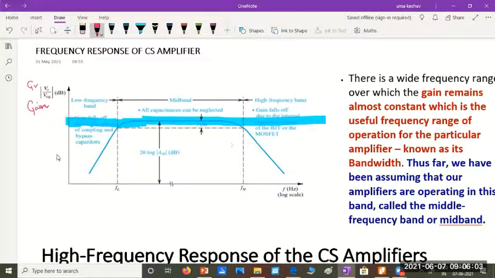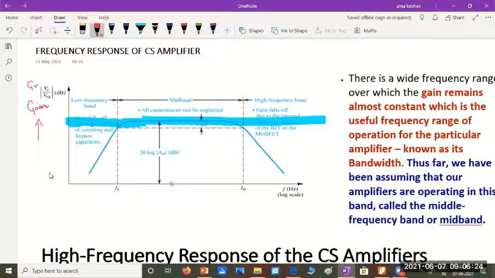So what is frequency response? It is the plot or graph of the gain in decibels along the y-axis versus frequency in hertz along the x-axis. But this frequency is plotted on a logarithmic scale. It's not plotted on a regular scale.